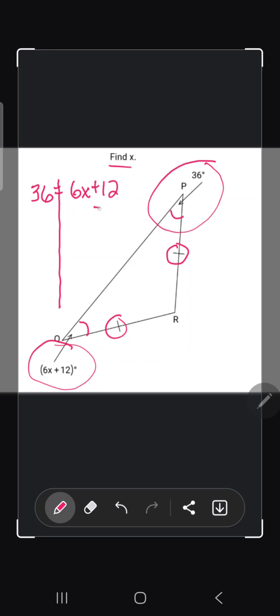So I will subtract 12 from both sides, and that's 24 equals 6x. And then I'll divide by 6, and x will equal 4. The key to this problem is knowing that these two angles are the same because it's an isosceles triangle, because the sides are the same.